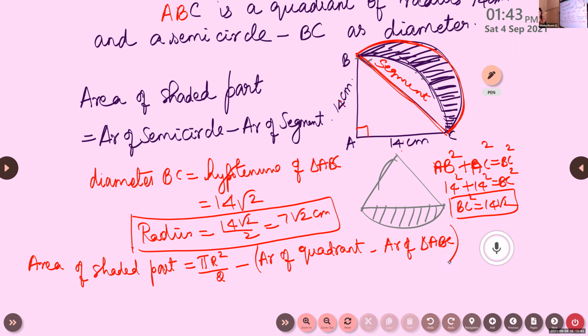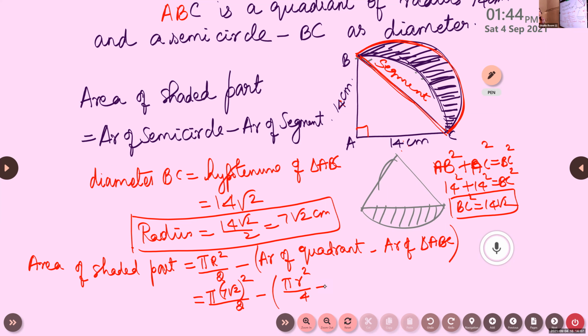So that is pi into, what is our radius? The radius of BC is 7 root 2, the whole square, by 2, minus the area of the quadrant, pi r square by 4, minus the area of the triangle.